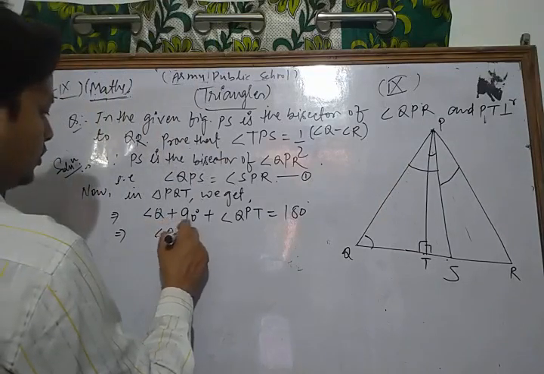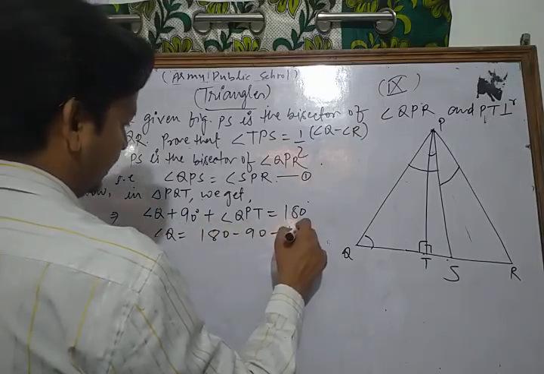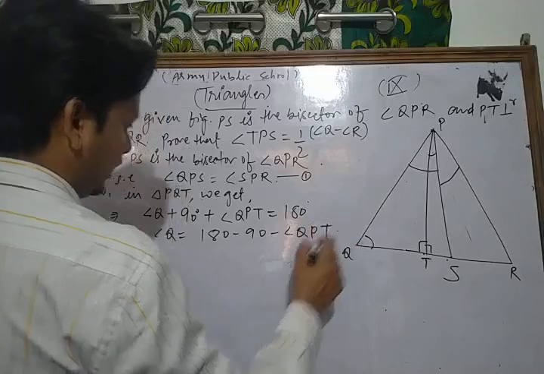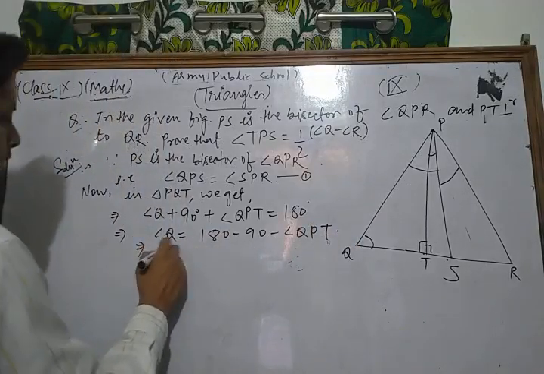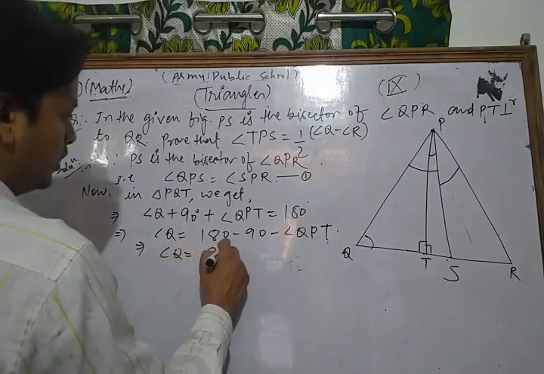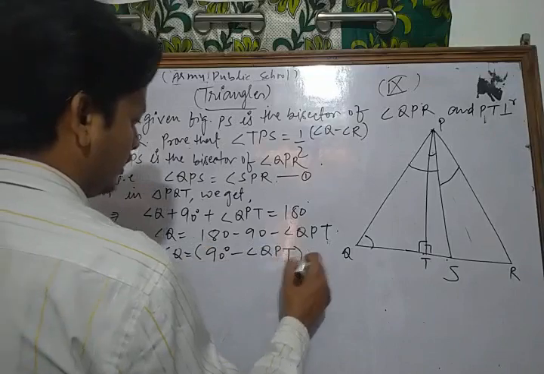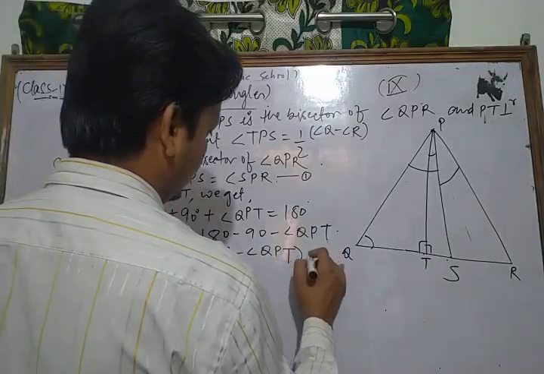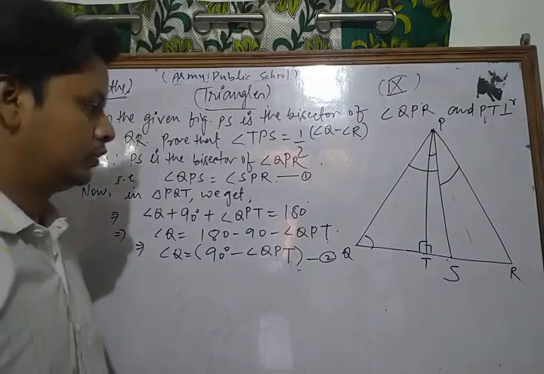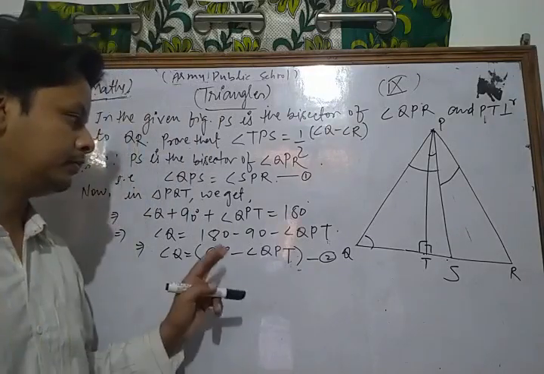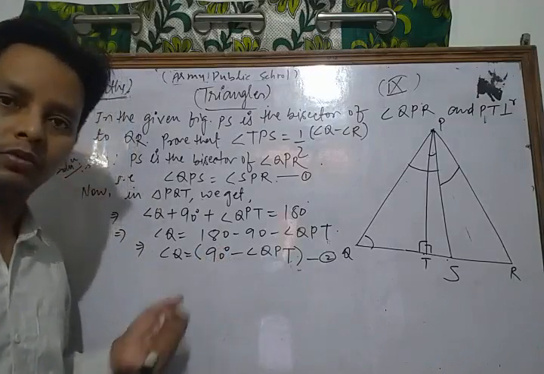So angle Q is equal to 180 minus 90 minus angle QPT, which gives angle Q is equal to 90 degrees minus angle QPT. Take this as equation number 2.